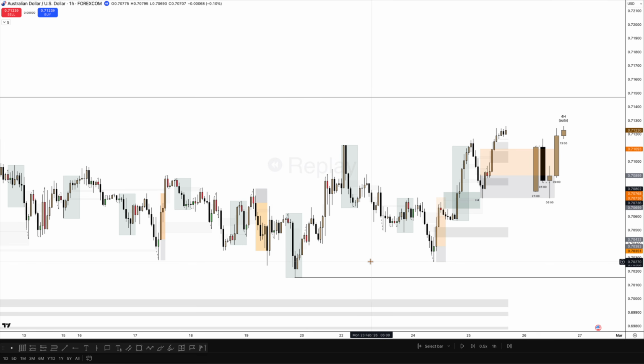But put it into context. 4-hour manipulations, 1-hour manipulations, swings being taken, fair value gaps being tapped, and I assure you, just executing off of the 1 hour, you will see profits. And the beauty of it is minimal screen time. We trade 3 hours in the morning, we trade 2 hours in the afternoon, and that is it. And more often than not, I'm getting my trade setups.